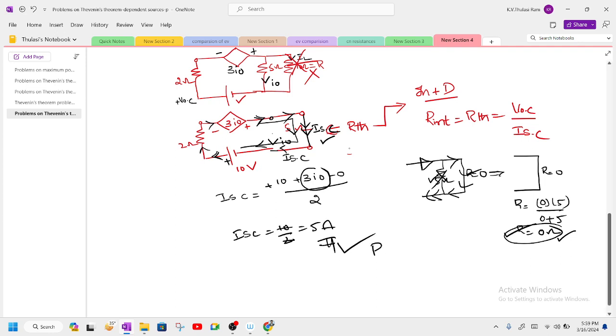So what is the formula of R internal? R internal is equal to R Thevenin, which is equal to VOC, which we got as 12.5 volts, divided by ISC. The formula we already discussed: VOC by ISC is 5. So you are going to get 2.5 ohms.